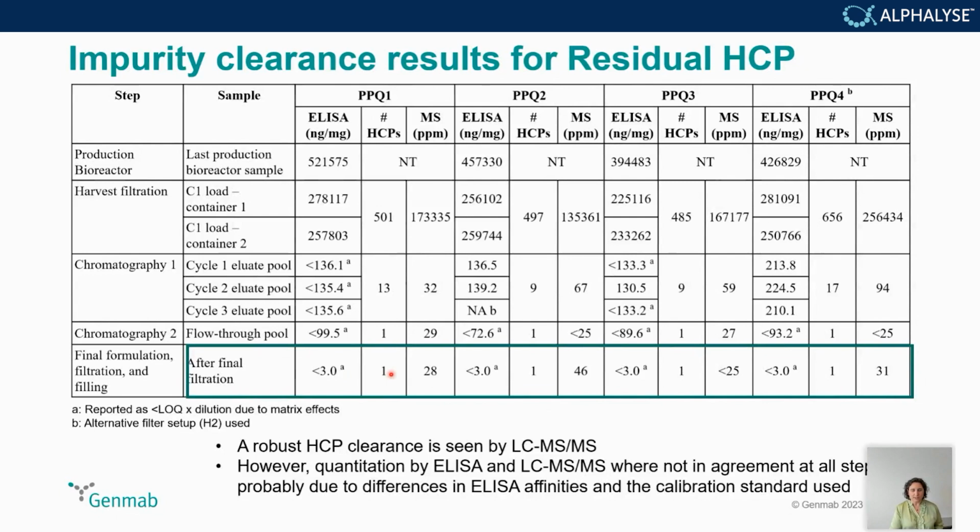So we actually have some numbers we can rely on and demonstrate clearance. With ELISA, we can only say that after some point we cannot measure anymore whatever is in there. So you have difficulty showing that chromatography 1 can reduce, and chromatography 2 can also reduce. You cannot see the effect by just looking at the ELISA numbers.